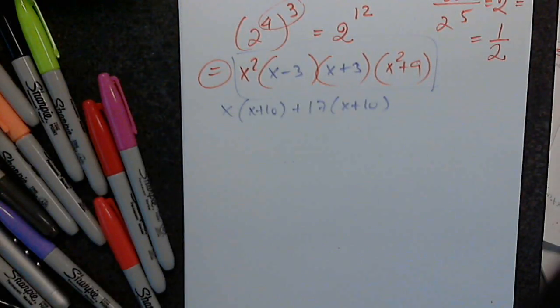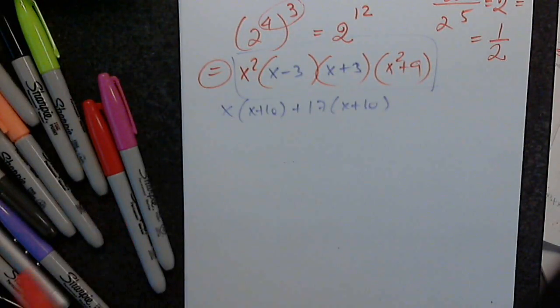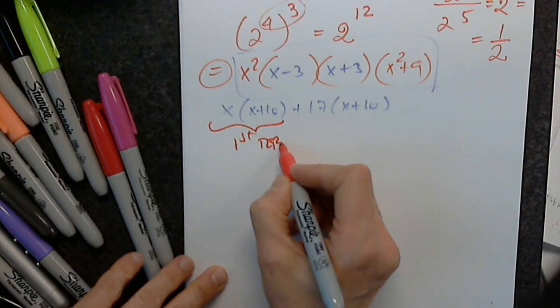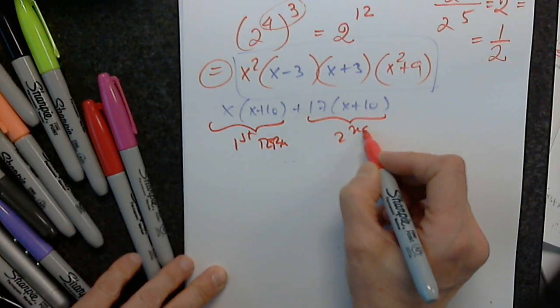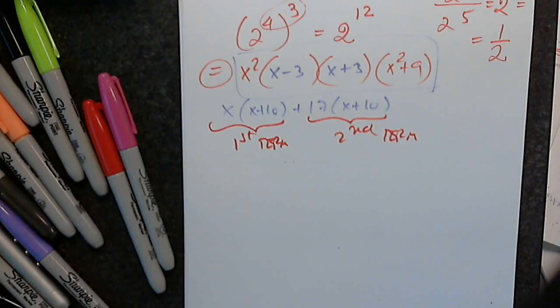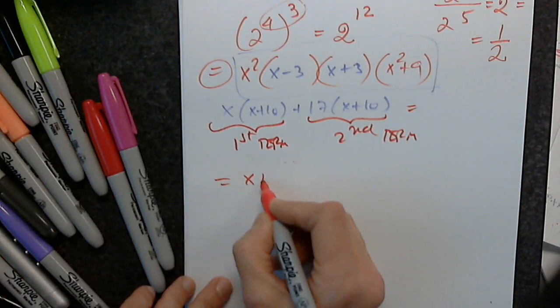Now I look at it carefully and ask, is there a quantity that is a common factor to both? I'm going to call this the first term and this the second term. Is there a particular quantity that exists in both terms? Right, so I will pull out x plus 10.